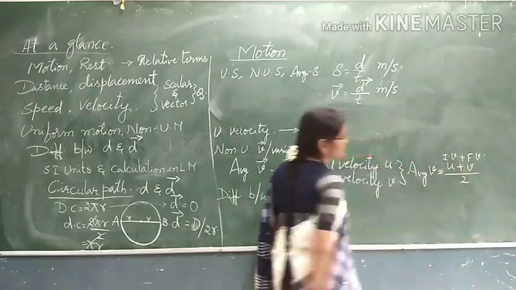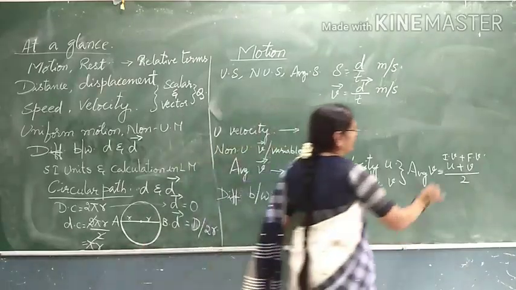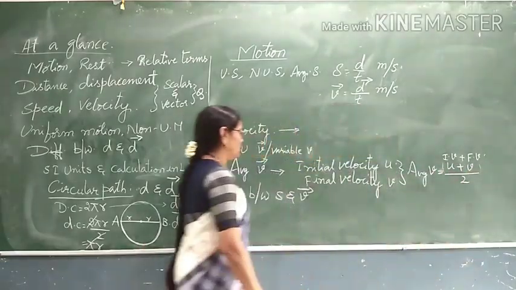The average of the two velocities, U plus V by 2, is the average velocity.